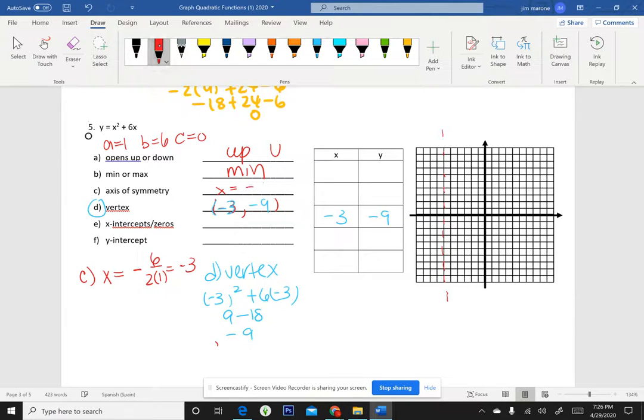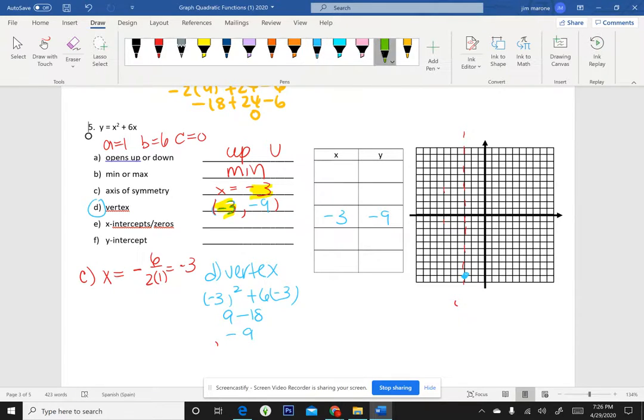So again, whenever you have your axis of symmetry, the x value is always equal to the x value of the vertex. So we get -3, -9, which we have to erase this one. So -3, -9 is that point there.